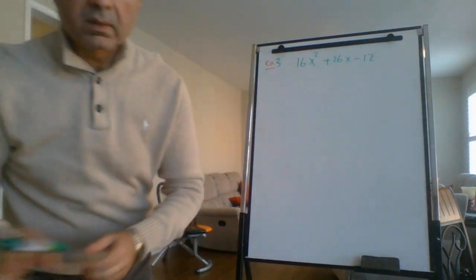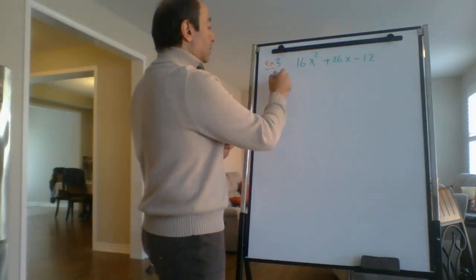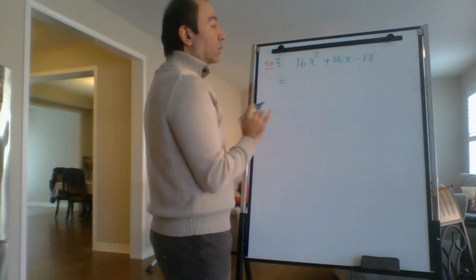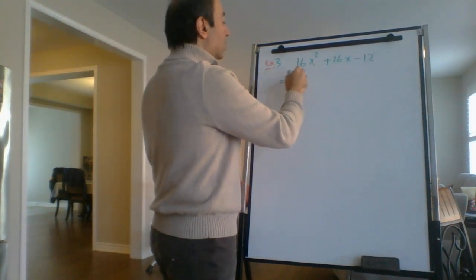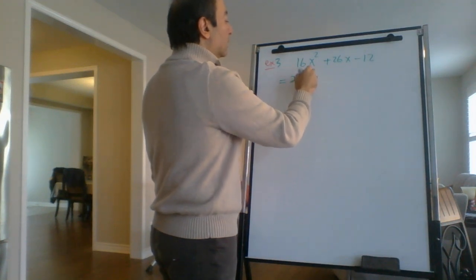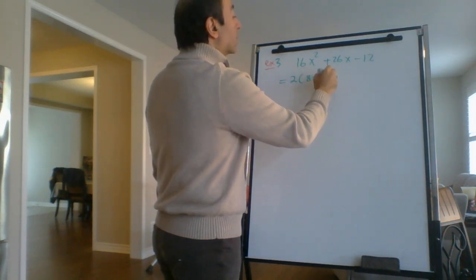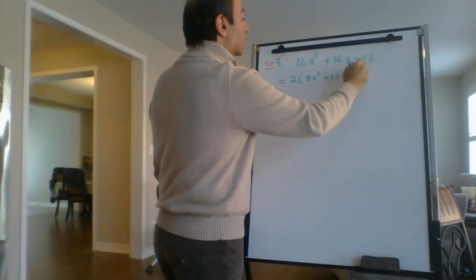Before we do anything, try to have this habit. Look for common factors first. Yes, all of those have 2 as a common factor. So 2, that will leave 8x squared plus 13x minus 6.